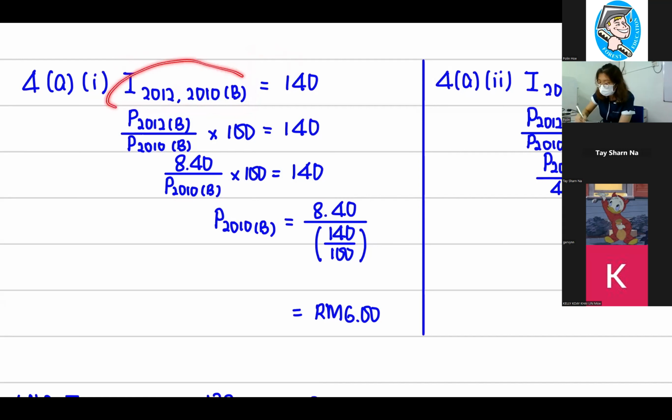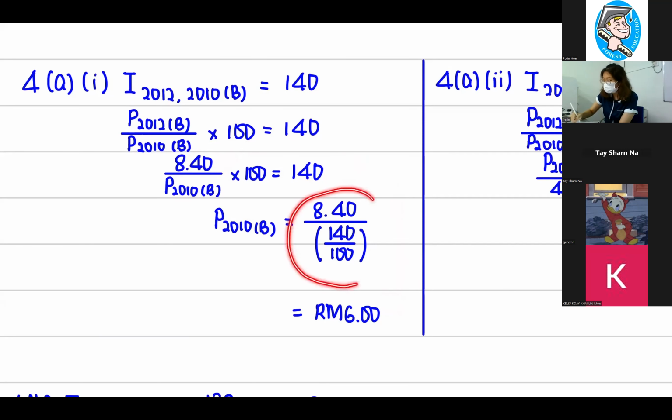Okay, now, 这一个 formula is 2012 based on 2010 multiplied by 100. We are given the price in 2012 is 8 ringgit and 40 cents. This is from the question, and we got this from the table. We are required to find the price of item B in 2010. This line straight away answer. 直接 answer.